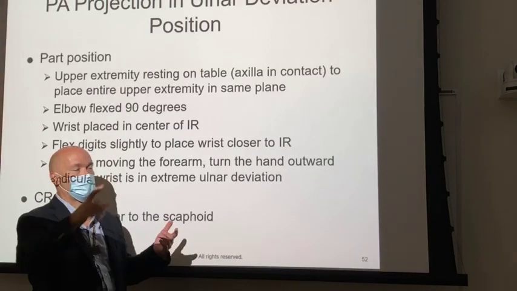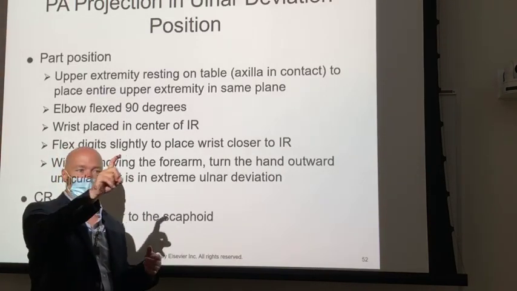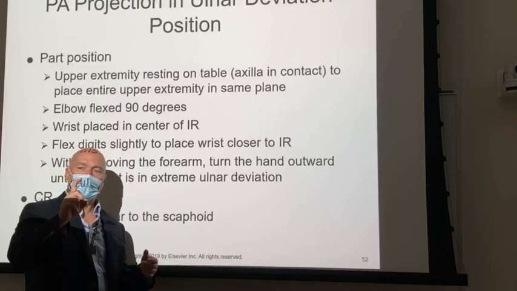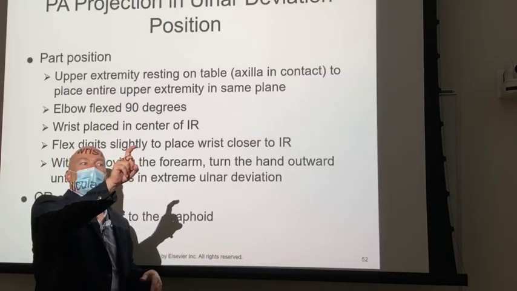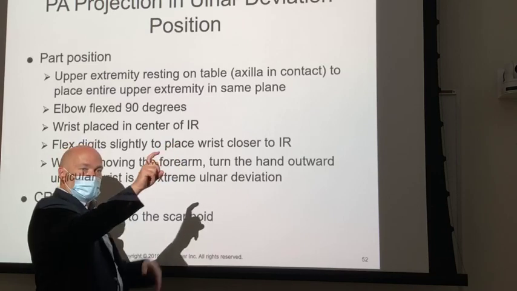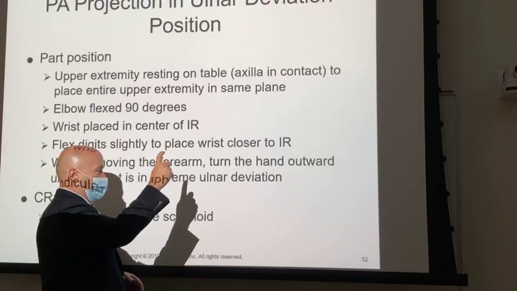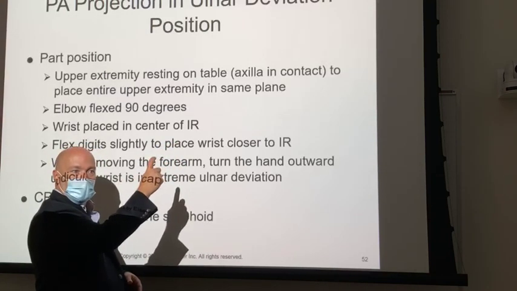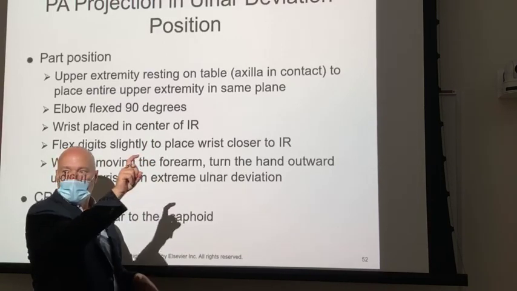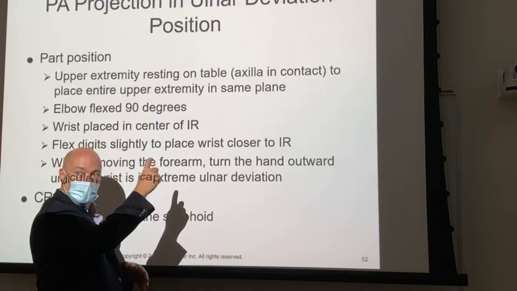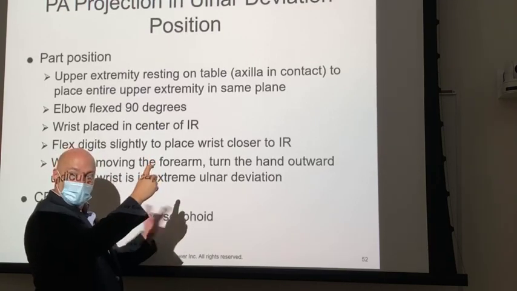It's a somewhat complicated shaped bone. So if you were looking at it from a lateral perspective, it's kind of like that. So from a PA or AP perspective, it's like so. So again, what we've got is anatomy that's not parallel to the image receptor in PA, okay? Which means we've got foreshortening.